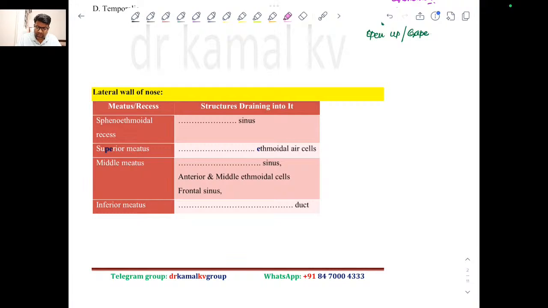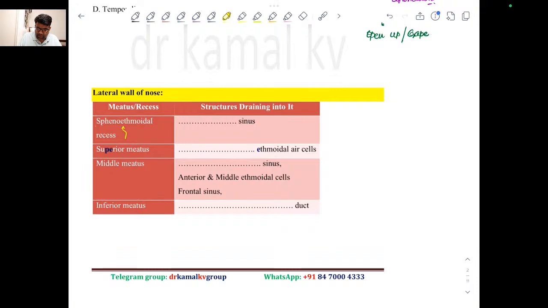Now one of the important areas is the sphenoethmoidal recess, right? Here you can get this word spheno. So spheno stands for which sinus? It is obviously for sphenoidal sinus, right?